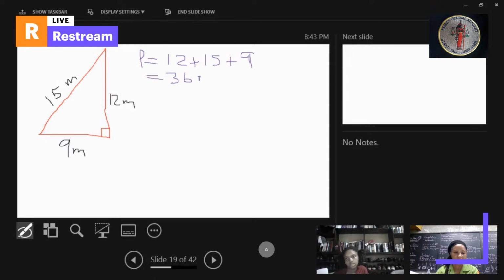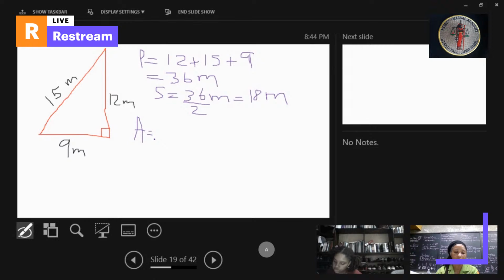And to find the semi-perimeter, you divide 36 by 2, which gives 18 meters.